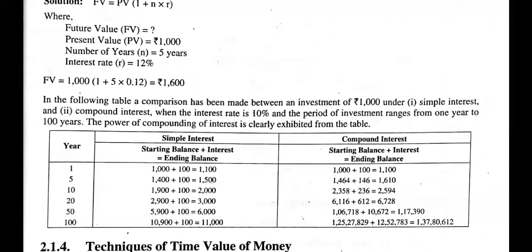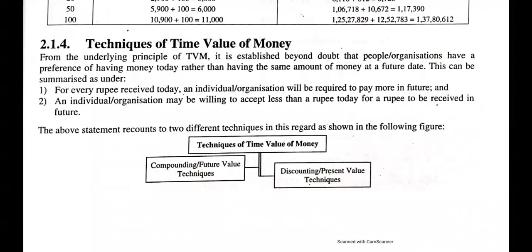Now what are the techniques of time value of money? From underlying the principle of time value of money, it is established beyond doubt that people and organizations have a preference of having money today rather than having the same amount of money at a future date. The money you receive today has more value and importance than receiving it after some years.